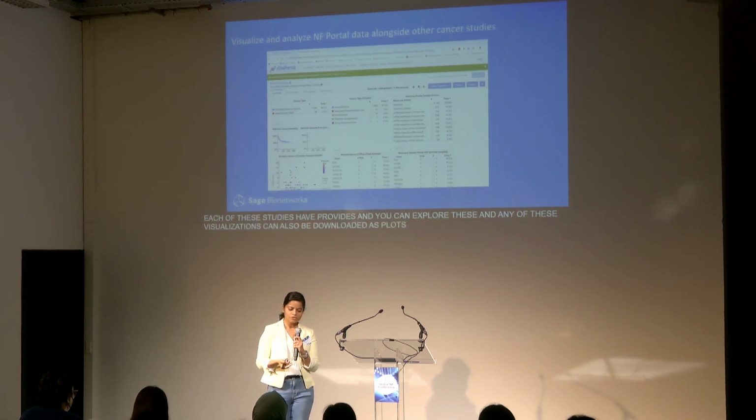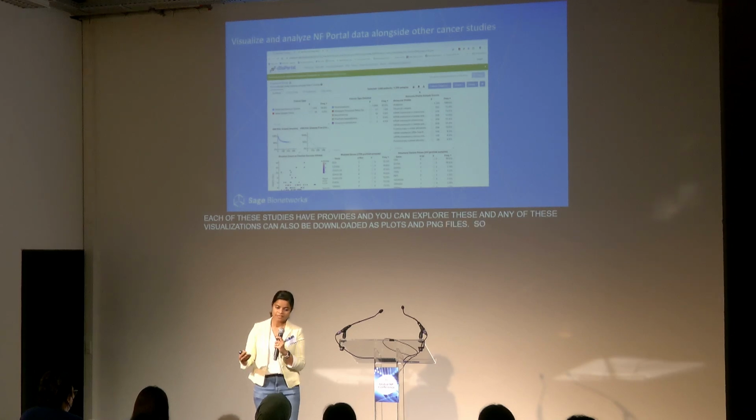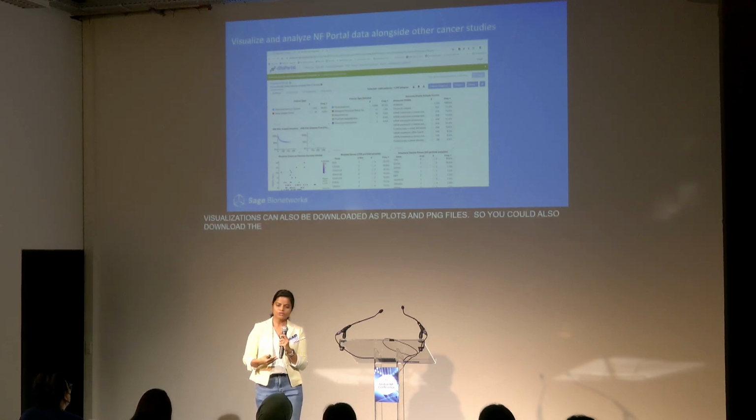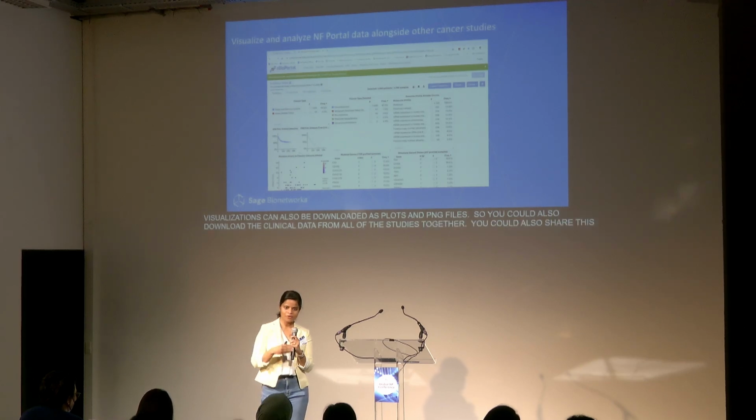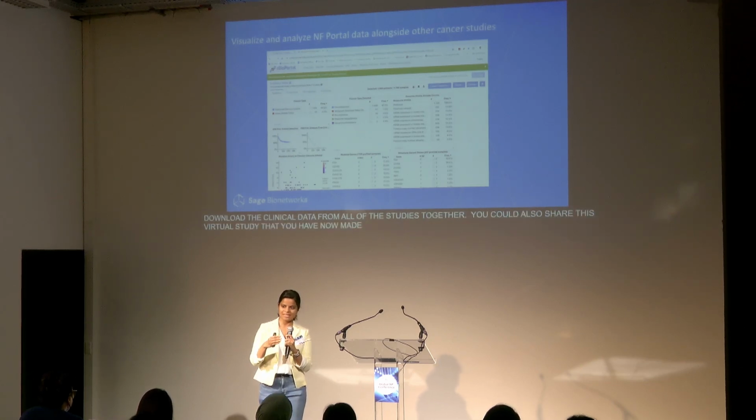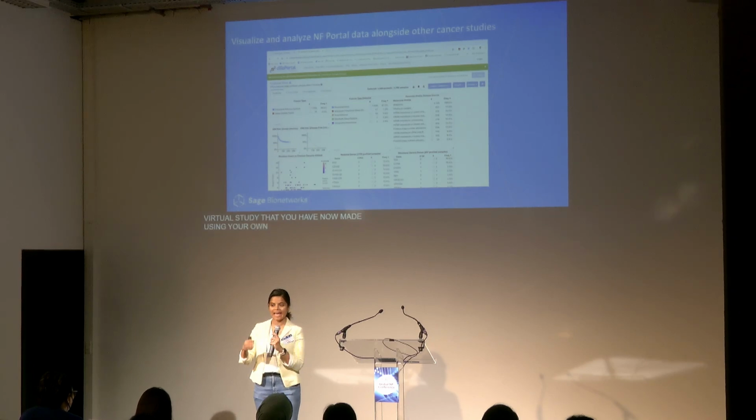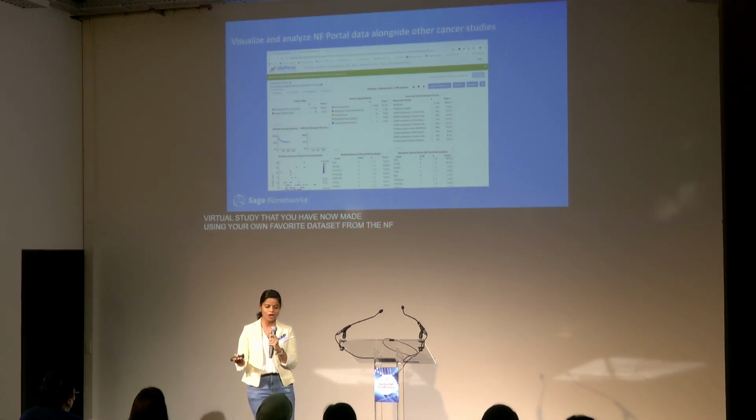You could also download the clinical data from all of the studies together. You could also share this virtual study that you have now made using your own favorite data set from the NF data portal and the data set that is available on cBioPortal.